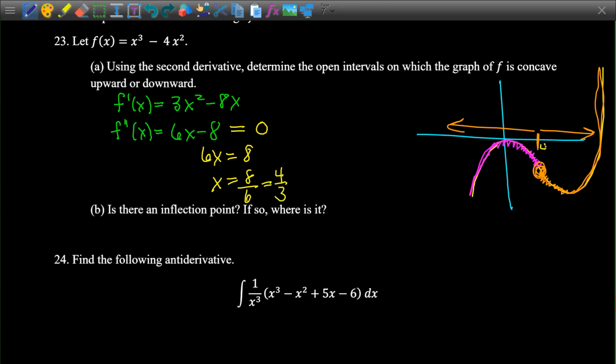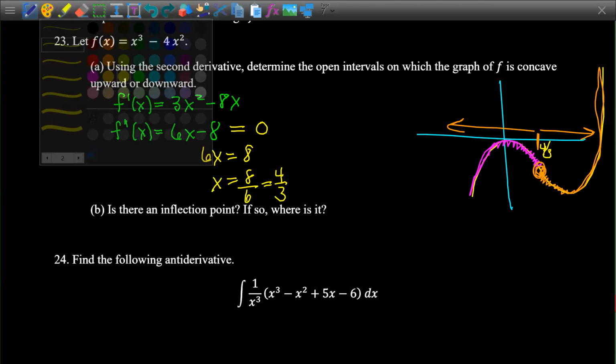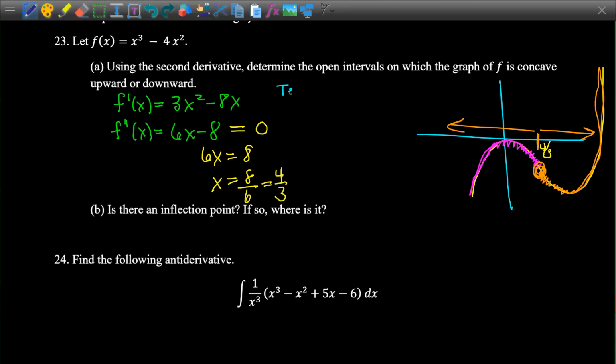So that's the value now of this point. And we don't just want to make the assumptions based on our visual inspection of our sketch. We want to actually show mathematically that it is concave down to the left and concave up to the right. So let's pick test points. So to the left of 4/3, let's put in 0.